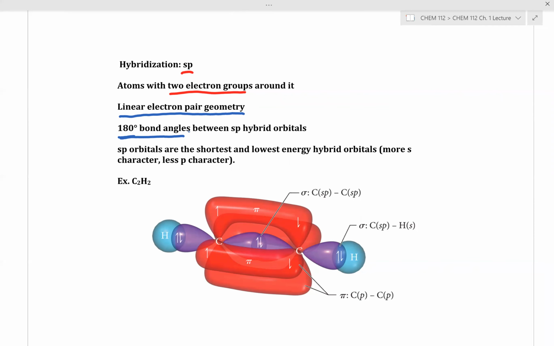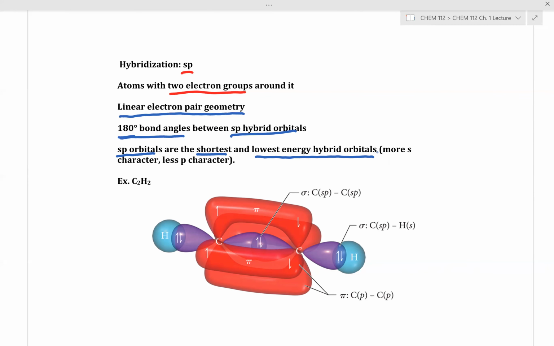There's 180-degree separation between our hybrid orbitals. Now, as we've discussed earlier, sp orbitals are the shortest and lowest energy hybrid orbitals. Okay, so from these orbitals, we'll generally form short, low energy bonds, right? The orbitals that you use for bonding directly impacts the nature of your bond.